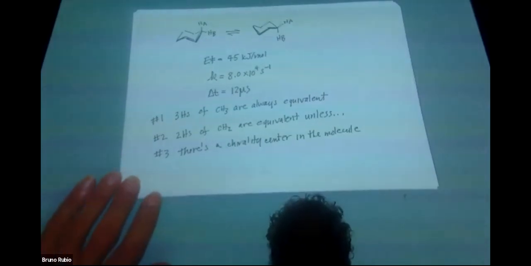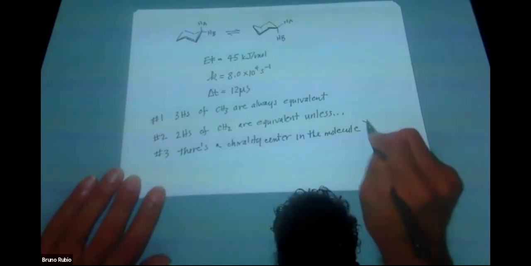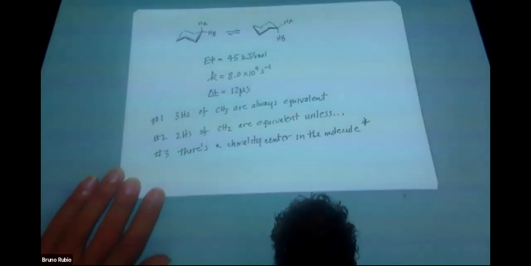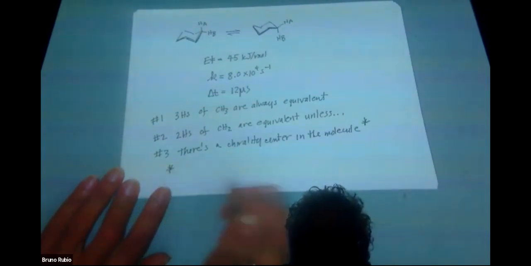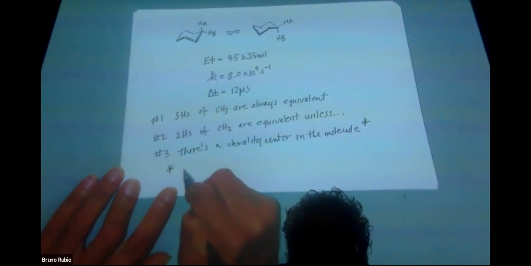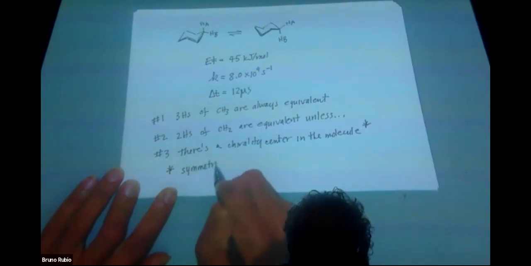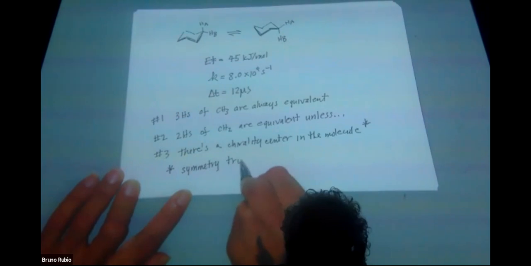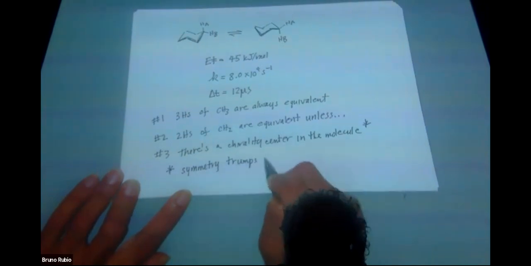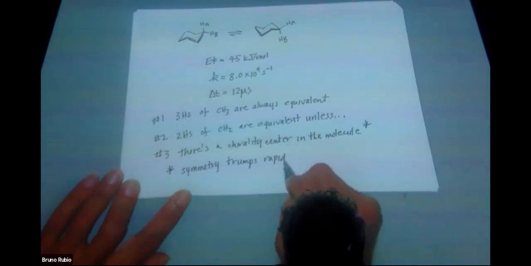Okay, but now the truth is so messy, right? We have to put a big asterisk here because there is an exception that we have to pay attention to. And that is that symmetry supersedes, do I dare use the word, symmetry trumps the rapid mechanism.